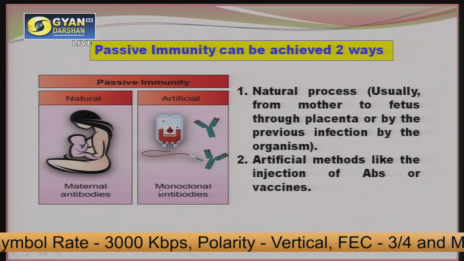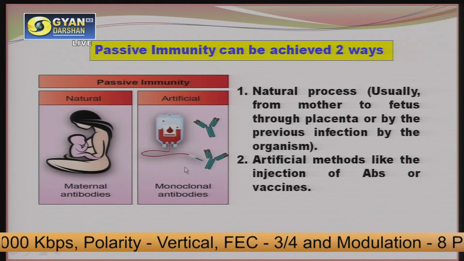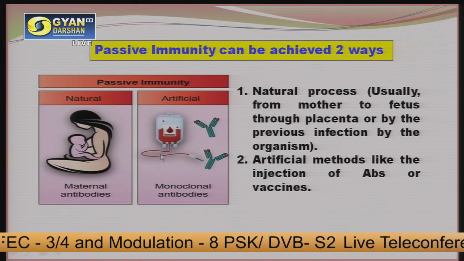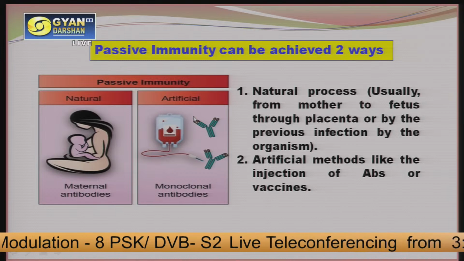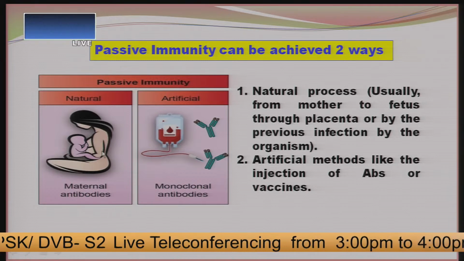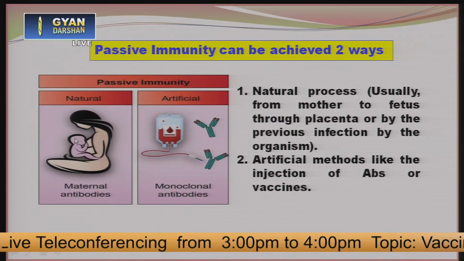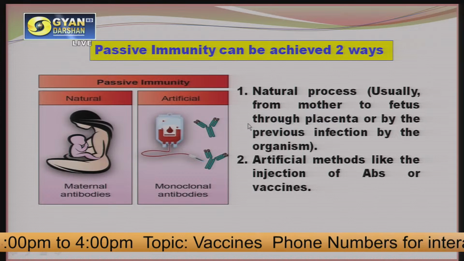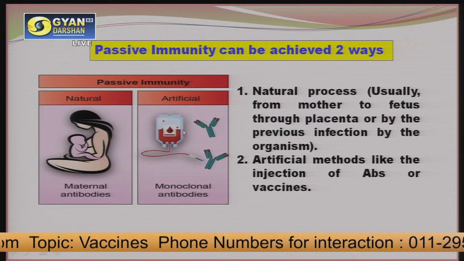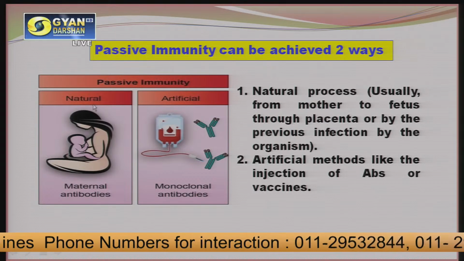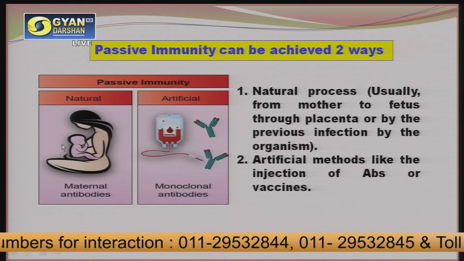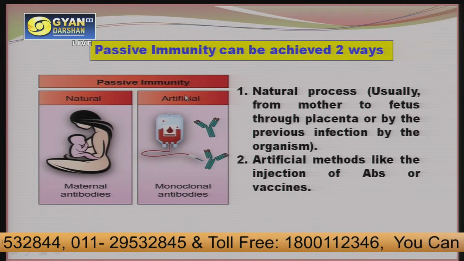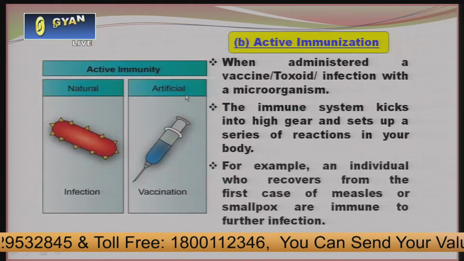So monoclonal antibodies we can inject into the body, and ultimately they will protect from pathogens. In the natural type, our system gets immunized through breast milk or through the placenta, and the babies are protected from the particular infection. So it is a natural type, another is the artificial type of immunity.